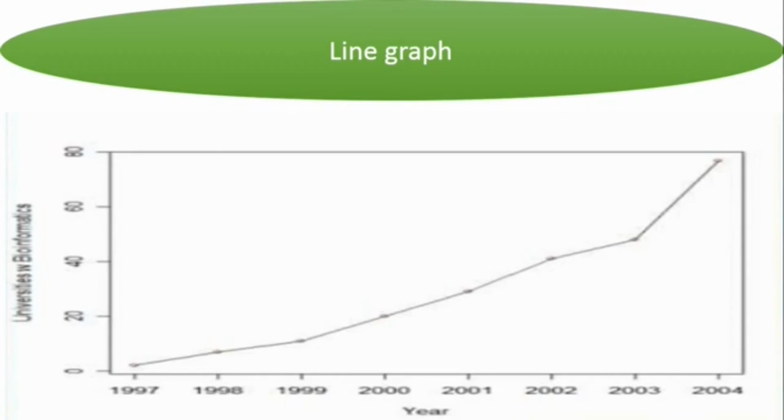So it's the same evolution that we had in our bar graph, showing the upward trend that characterizes the evolution of universities offering bioinformatics courses.